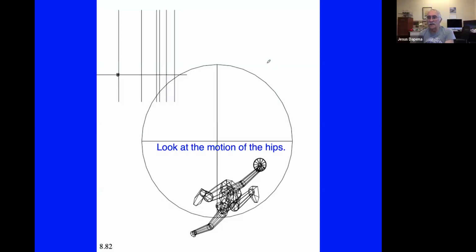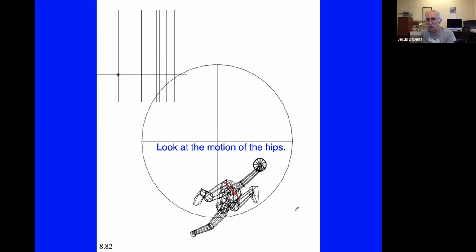Okay, so this is going to be just the initial double support in the back of the circle. And what I want you to do is look at the motion of the hips. The hips start in this position, and it's going to repeat 3 times, and just look at what the hips do. They're going to rotate counterclockwise.